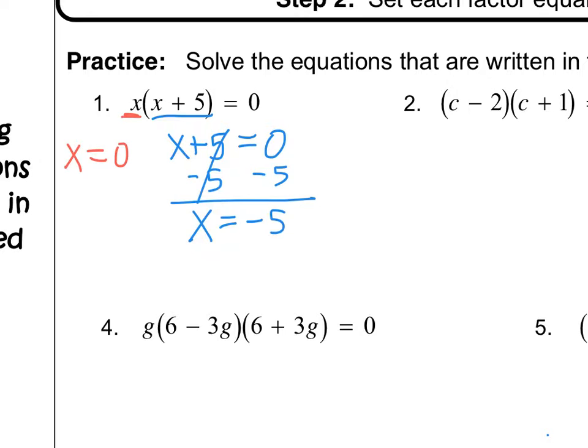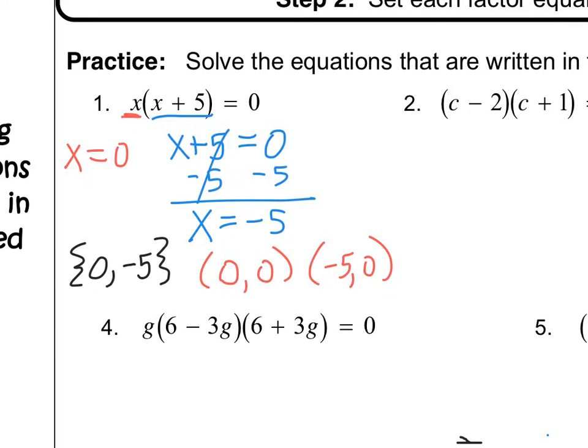I could also use brackets, and write it as {0, -5}, or I could write them as two x-intercepts: (0, 0) and (-5, 0). So any one of these three formats gives me the same thing. It's just three different ways to write my solution.